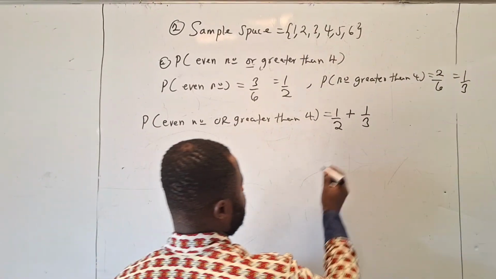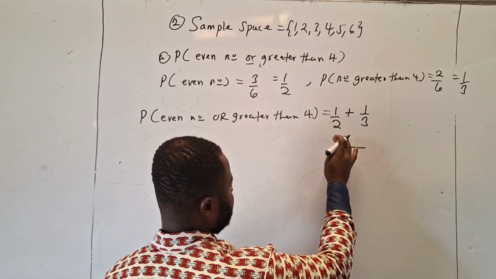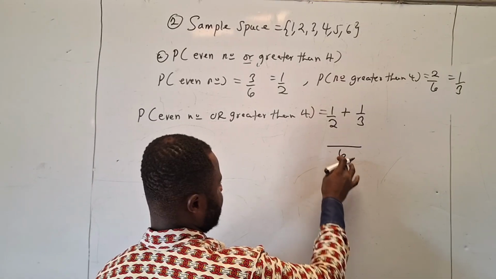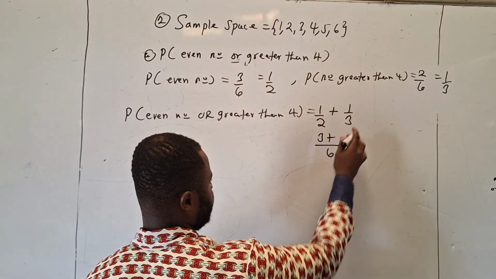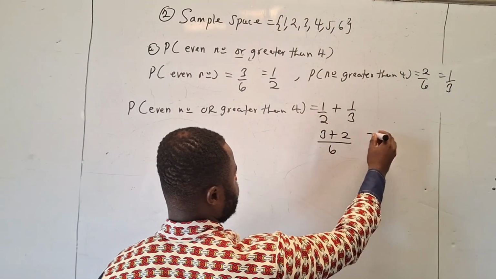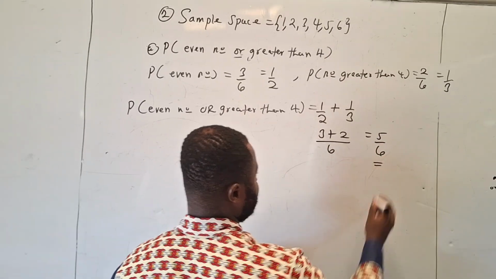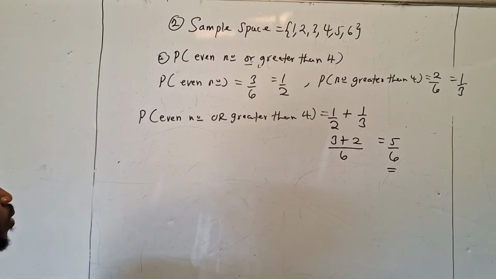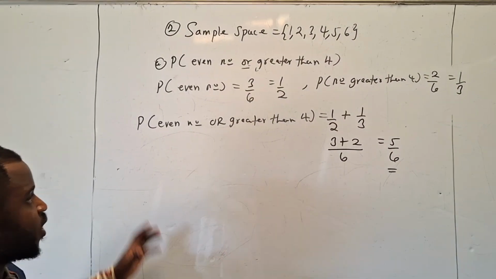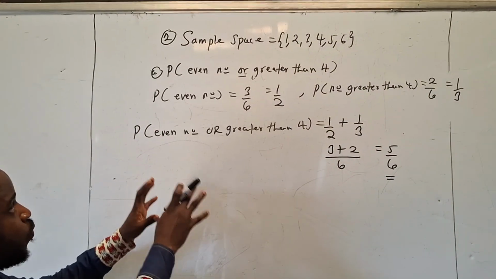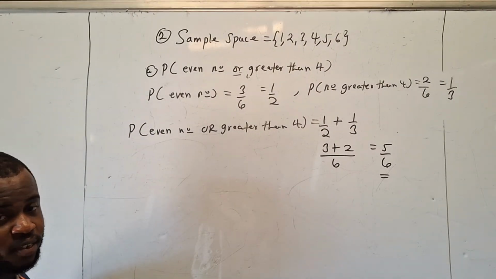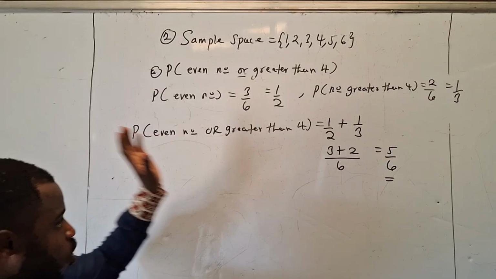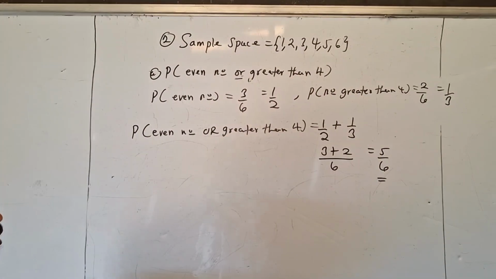So we add. So the LCM here is going to be 6. 2 divide here 3, 3, 1. 3 will divide here 2, 2, 1, 2. So we get 5 on 6. So the probability of obtaining an even number or a number greater than 4 when a die is thrown once is this. This is how it is done. So or means we add.